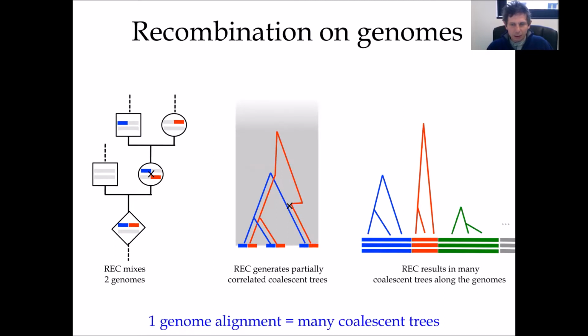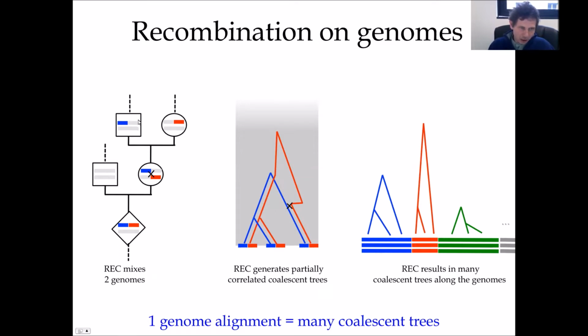Okay. So I have to make very clear now what recombination does at the population level. On the left, you have a pedigree with grandpa and grandma and their daughter, who is happily married to someone else and had an infant.